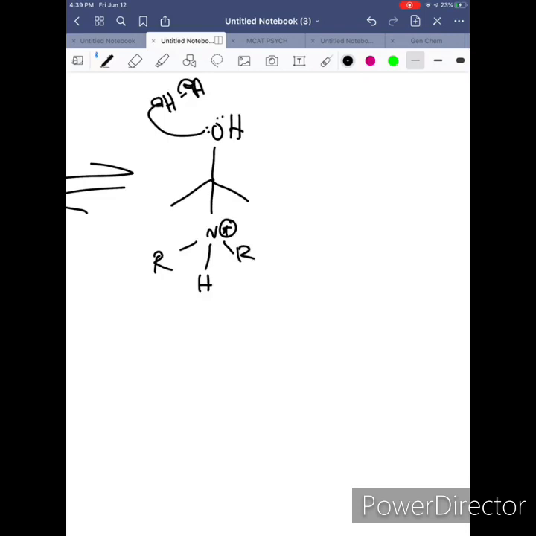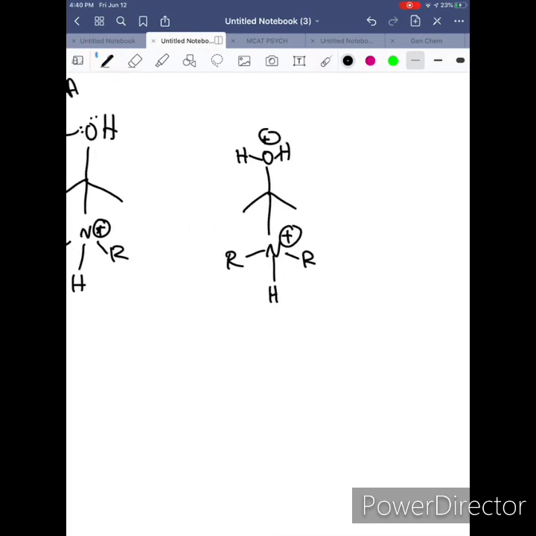Then again, I still have those 2 electrons, and I still have the acid. So I'll have a water molecule, R and R, and the hydrogen, though I didn't leave much space there for it.